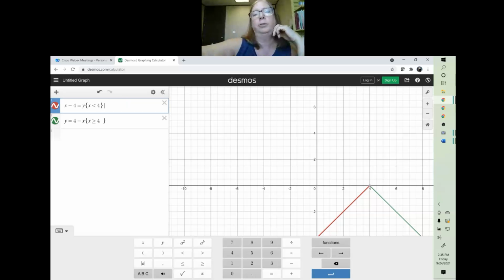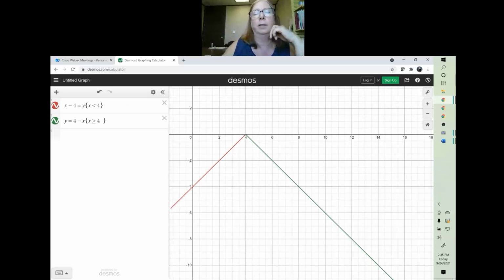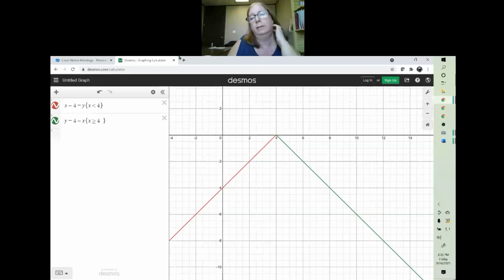Okay, this makes a V. It doesn't connect on the bottom. But notice that the two endpoints converged or went together.